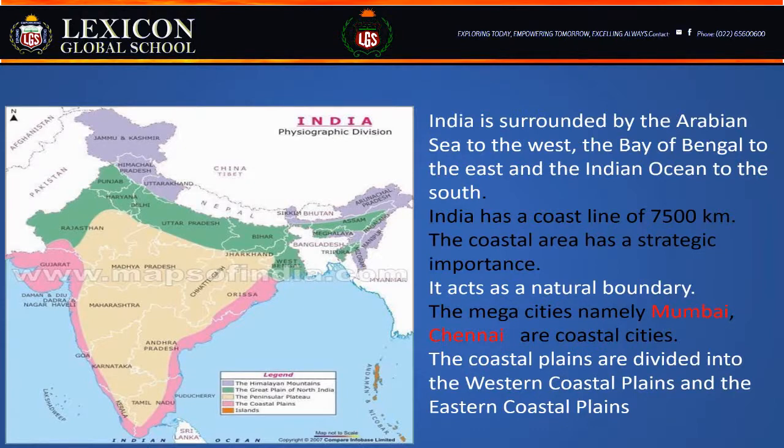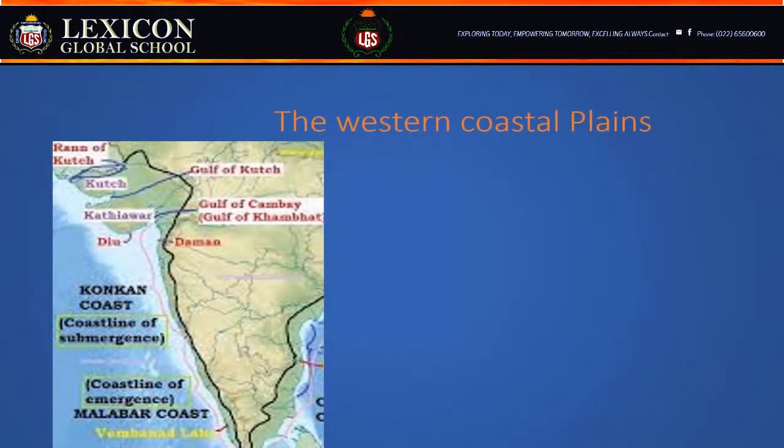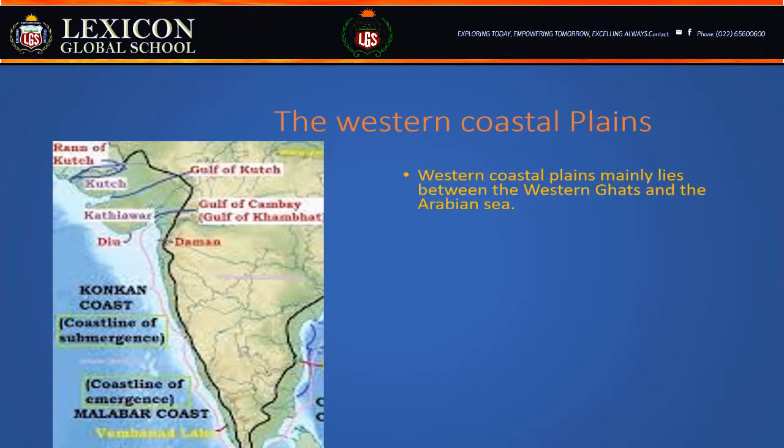We will be doing the western coastal plains first. Children, we start with the western coastal plains. It stretches from Rann of Kutch in the north to Kerala, or rather Kanyakumari, in the south. It is the area between the Western Ghat and the Arabian Sea.